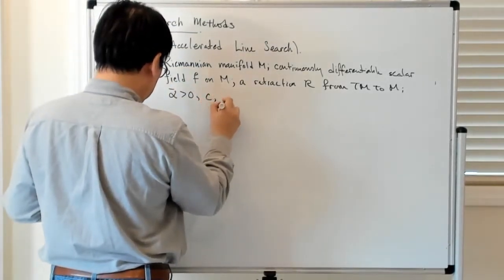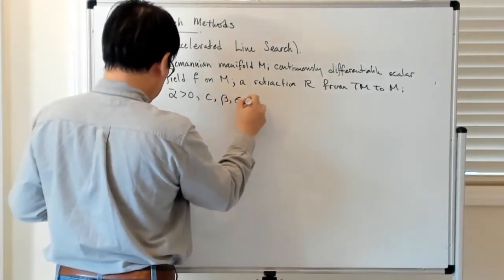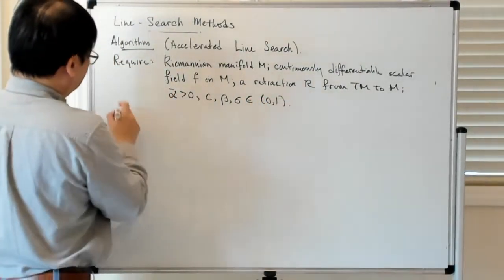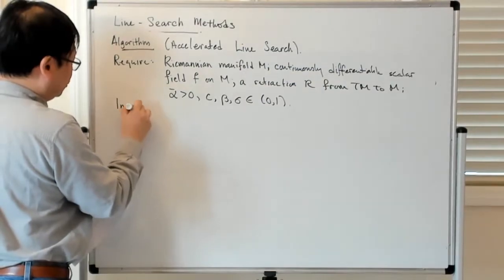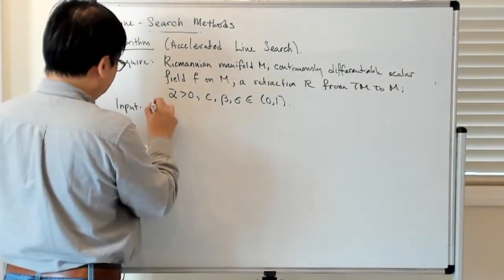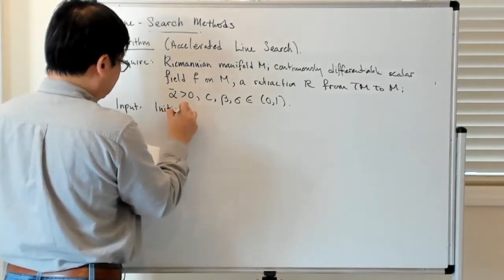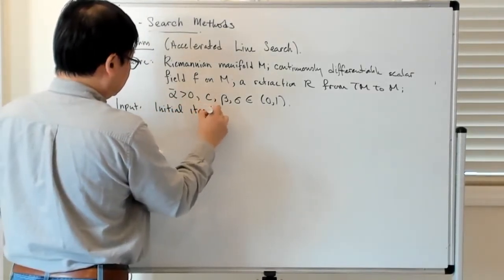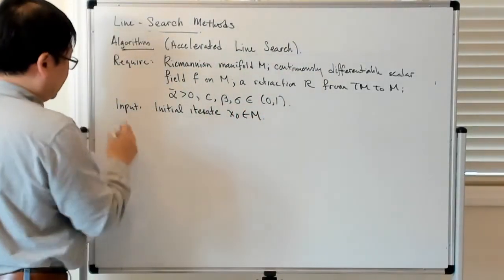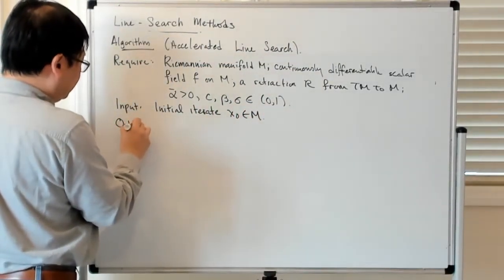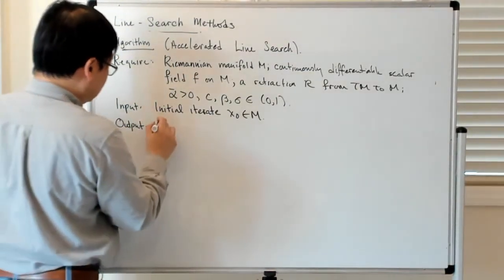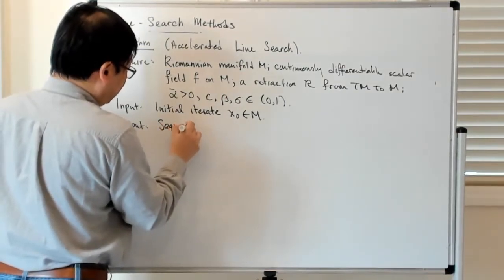Then you have c, beta, and sigma, which are in the open interval from 0 to 1. You also need as your input the initial point for your line search method, so your initial iterate x0 in the manifold, and the output is a sequence of iterates on the manifold.